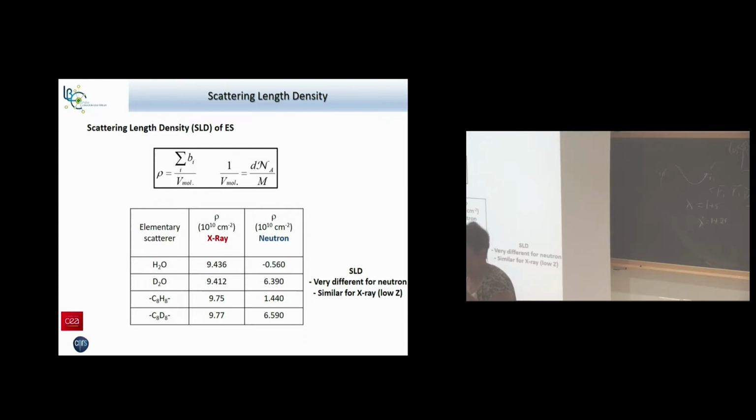For X-ray, to have some difference, we need a heavy element inside the monomer. If you are working with polyelectrolyte, then you will have some heavy element inside it, so you recover some scattering length density and some difference with water. But unless you have a heavy element in your monomer, X-ray is not good. It's much better with neutrons.